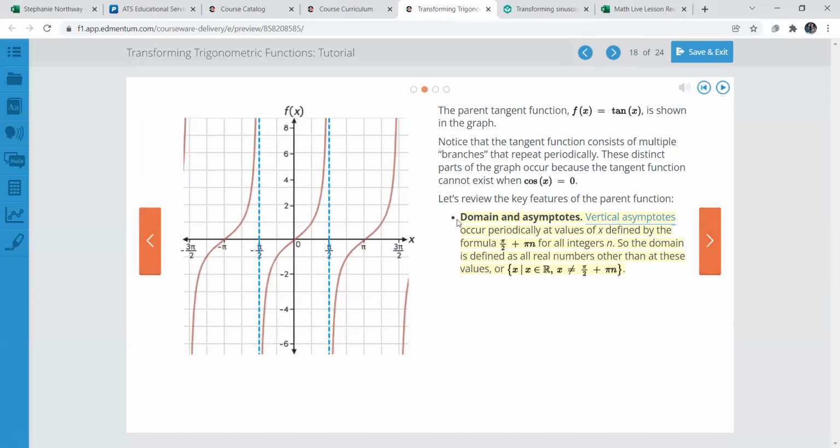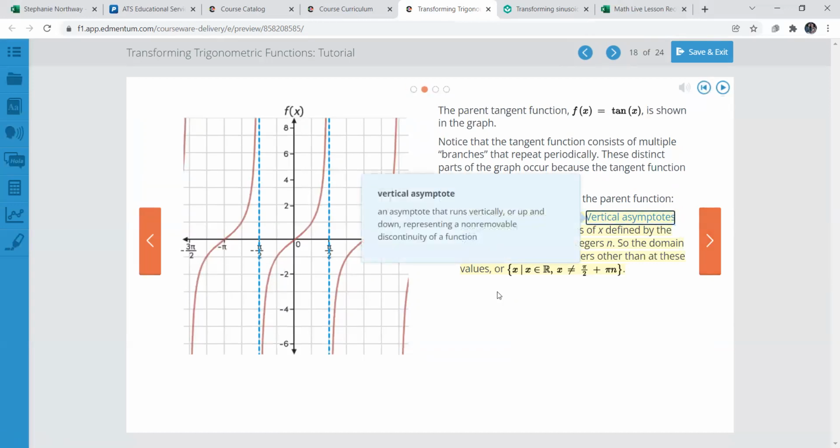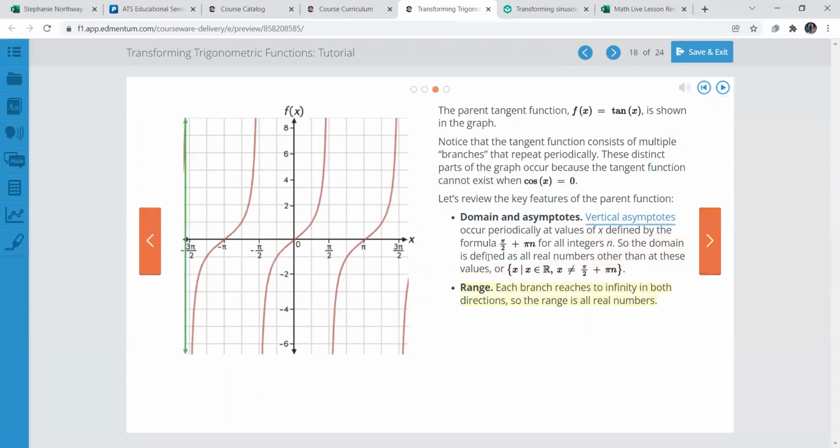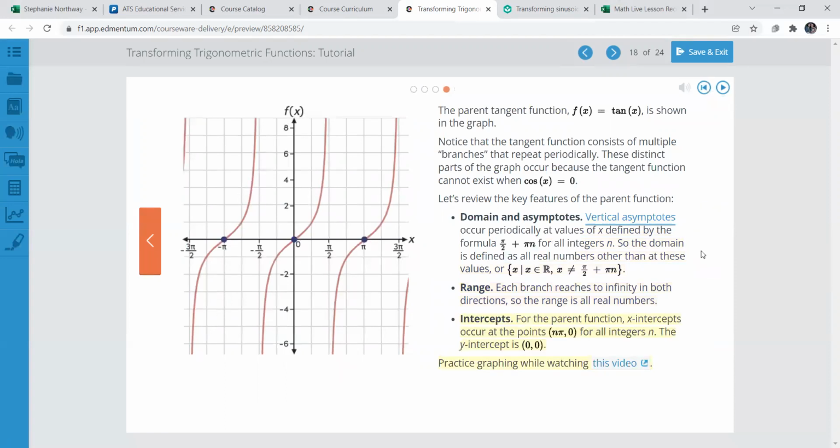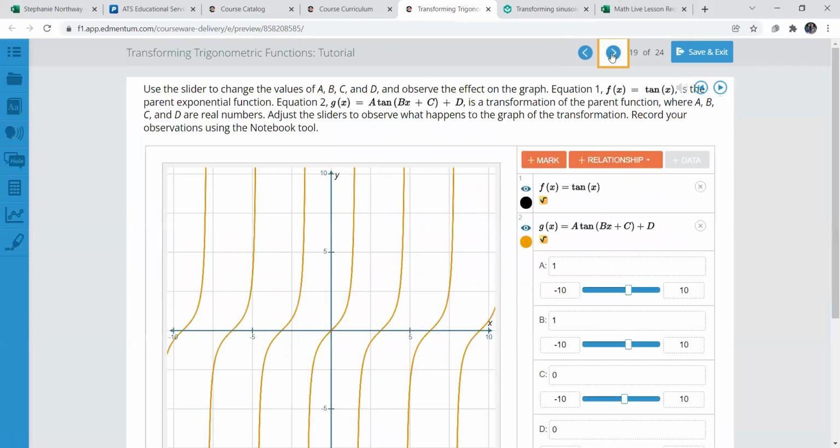So the asymptote here runs vertically, up and down, representing a non-movable discontinuity of a function. So it's a little different. And the range is a little different because the function goes up and down instead. A little different to graph too.